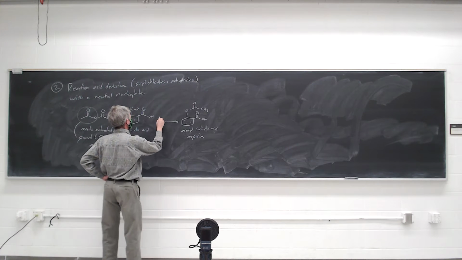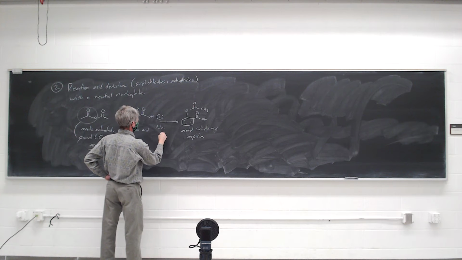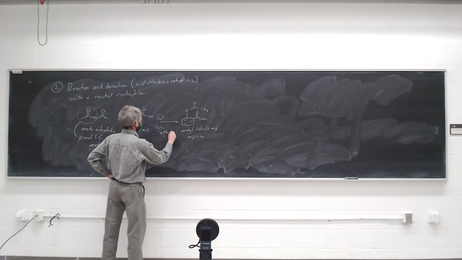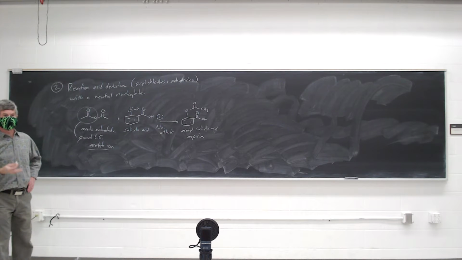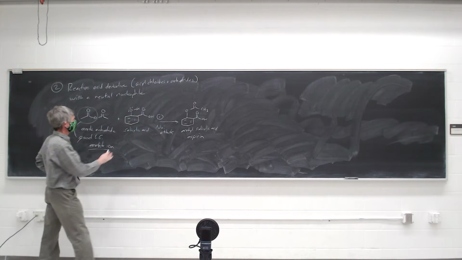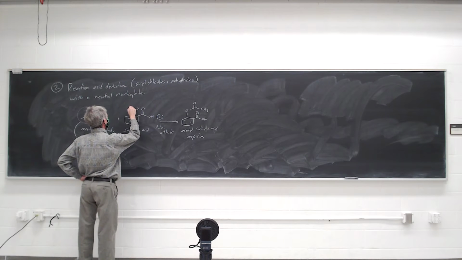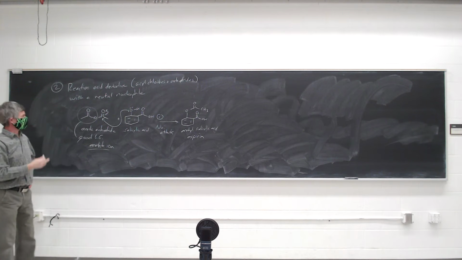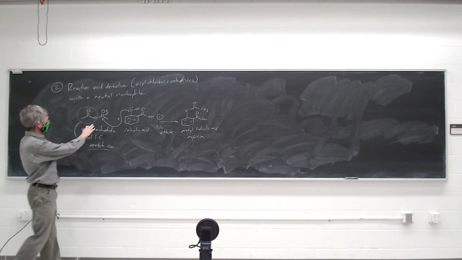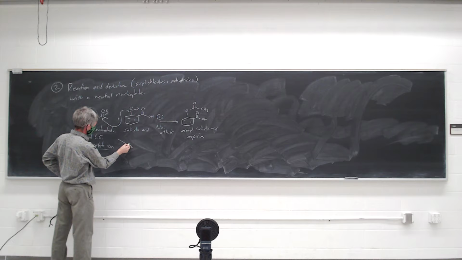The mechanism is still going to be an acyl addition elimination mechanism where we do the addition in the first step and the elimination of the leaving group in the second step. But now, even a neutral nucleophile is good enough to react with this more reactive carbon.